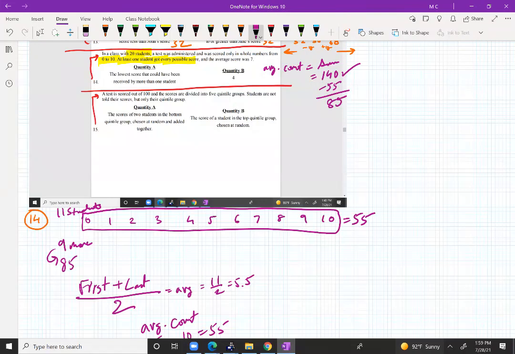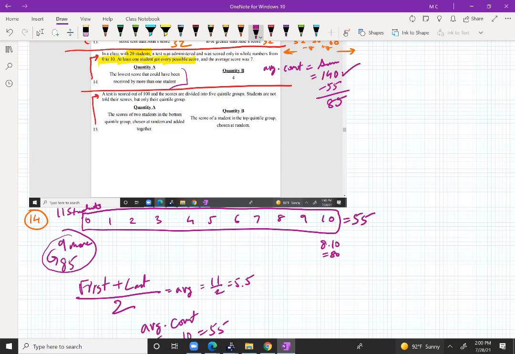The next step is just a little bit abstract here. It says the lowest possible score that someone could have received in this group of 9 people. You want to give somebody a very low score. So the best way to do this is give 8 of them 10. That's 80.